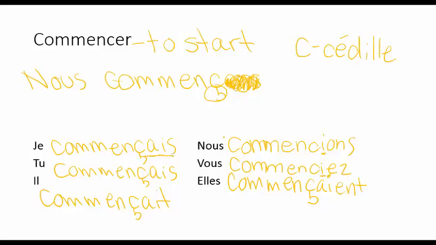So hopefully you can just remember why we have this cédille, and that will help you remember when to use it. So you need a cédille with A, that's why we always have it, and you do not need it with an I because it still makes the soft C sound.